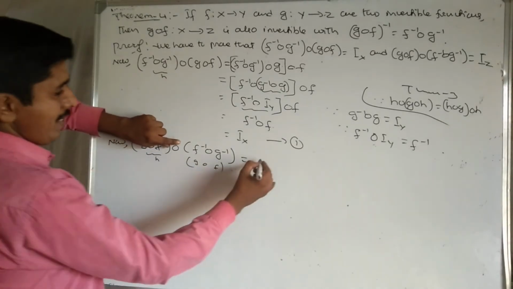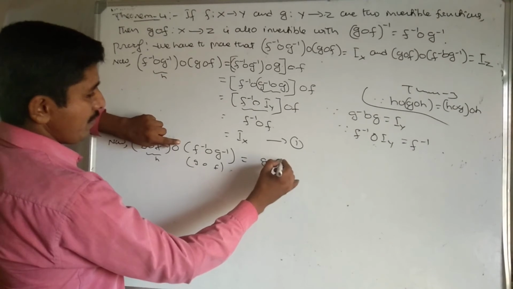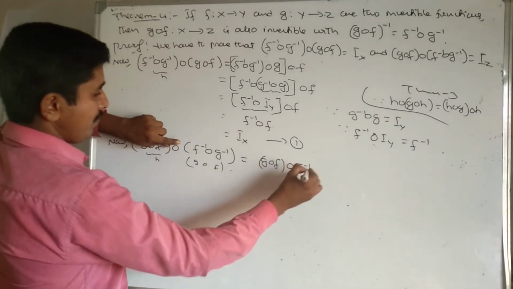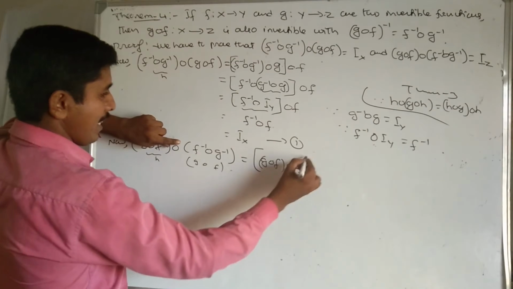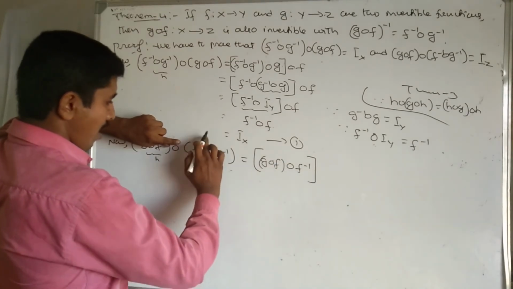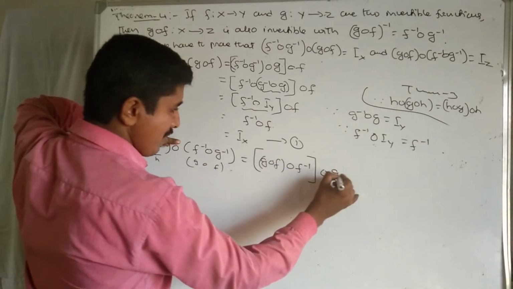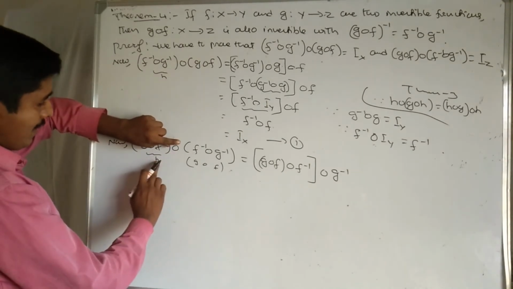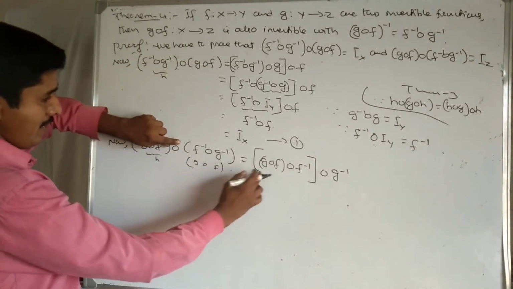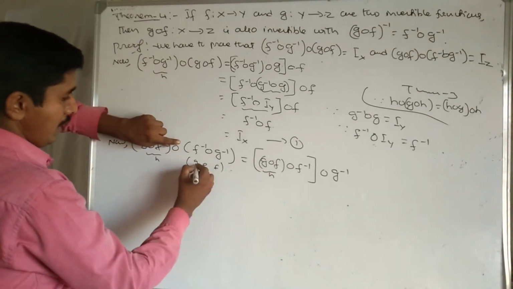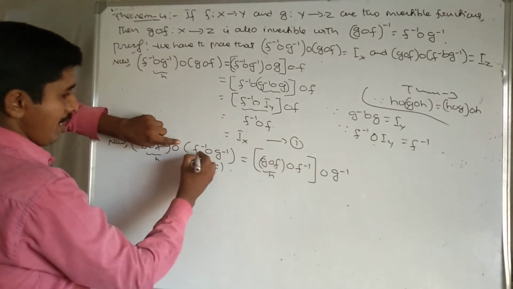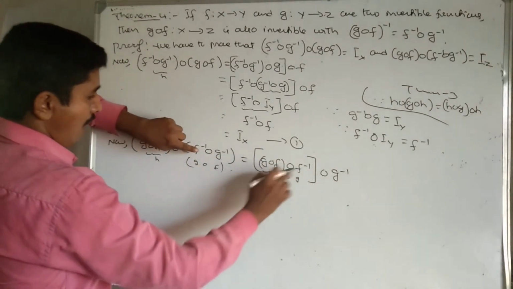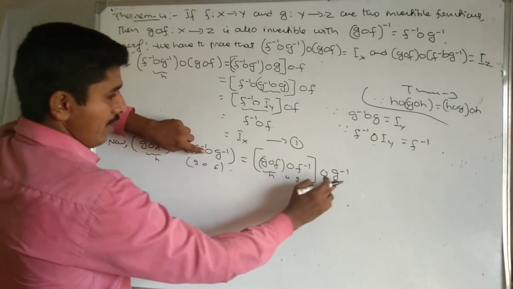H here I am taking as it is, GOF taking as it is, O F inverse, O F inverse and bracket here, O F inverse of O G inverse. Following here, HOG like this. H here, this is H, O. G means here F inverse, OF. F equal to here, G inverse.